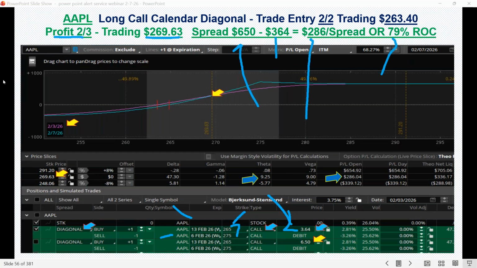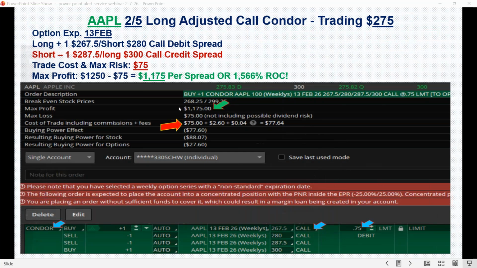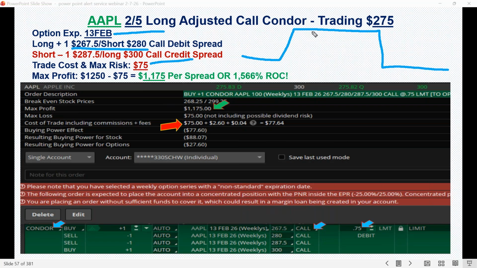But here's where it gets really, really fun and really crazy. Here is the next adjustment. What we did was on the 5th, adjusted this into the long call condor, which looks like this. And we had this $12.50 wide. We reduced our cost down to 75 bucks. So by doing the adjustments, which I sent out to the alert members, this adjusted this into next week's expiration, the 13th Feb, 267.5 call long, short the 280 call.